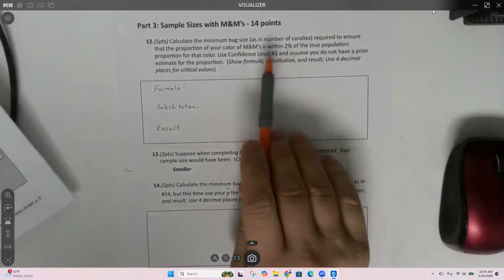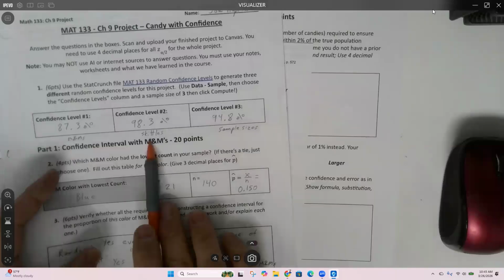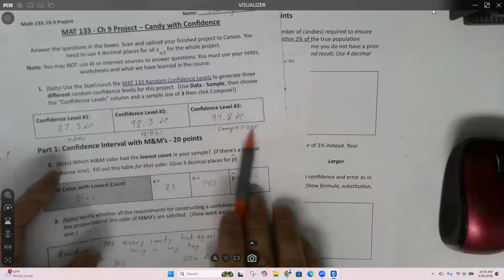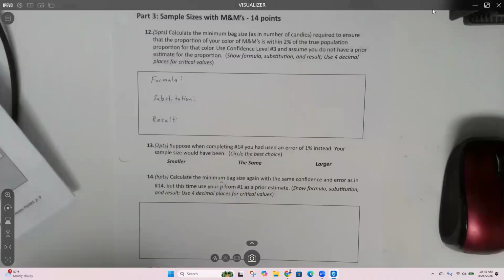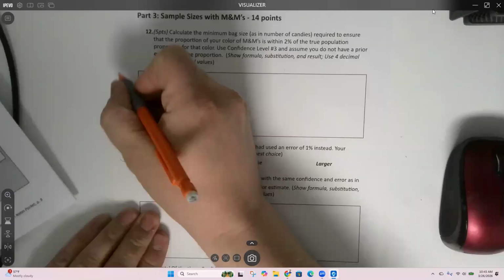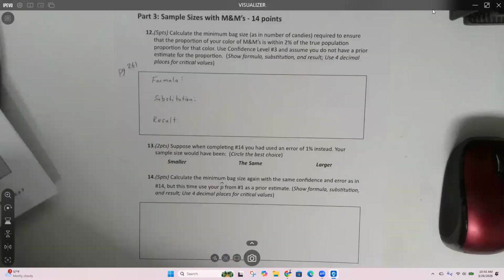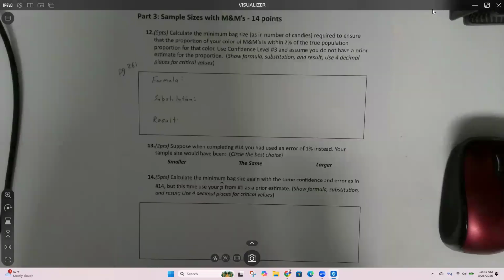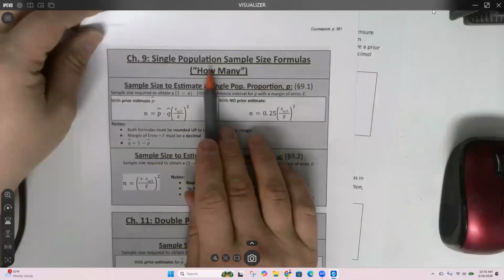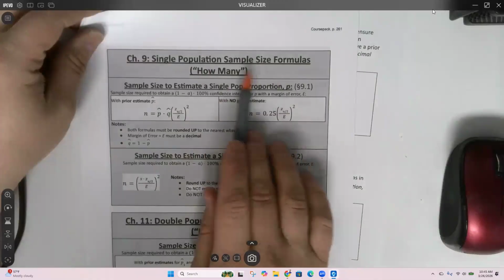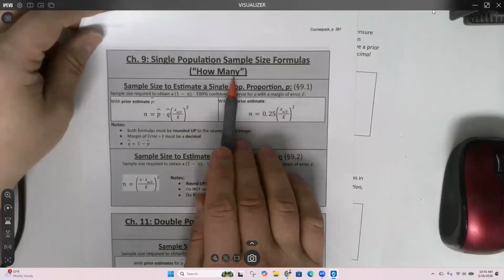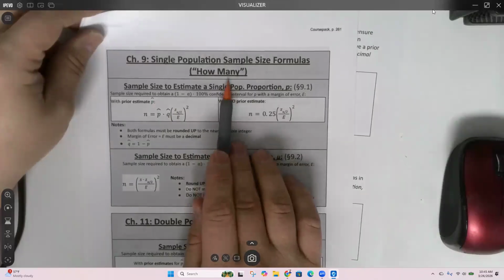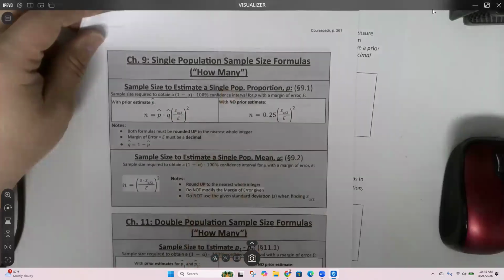And I'm going to use confidence level number 3. We said that confidence level 1 was for M&Ms, 2 is for Skittles. This one is going to be for calculating sample sizes. And the formula that I need is on page 261, single population sample size formulas. In other words, how many do I need in my sample in order to be as accurate as I want.